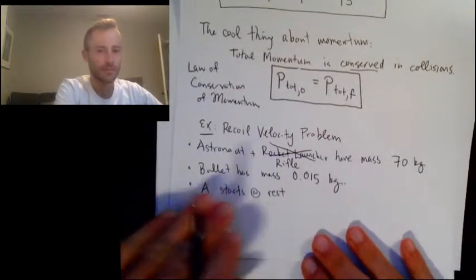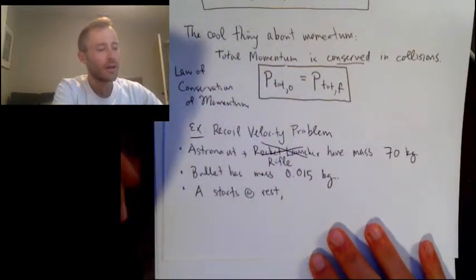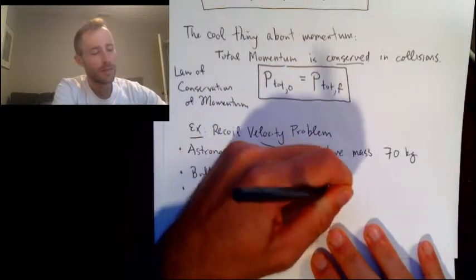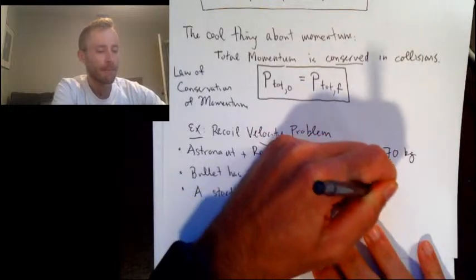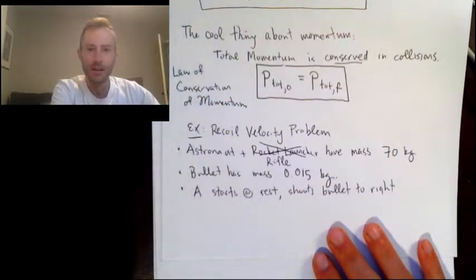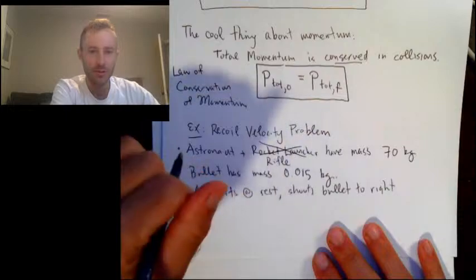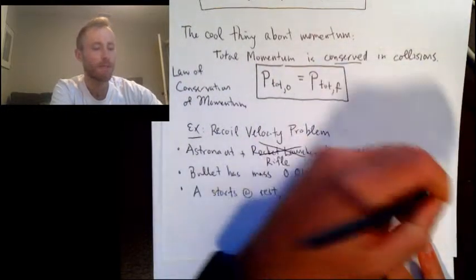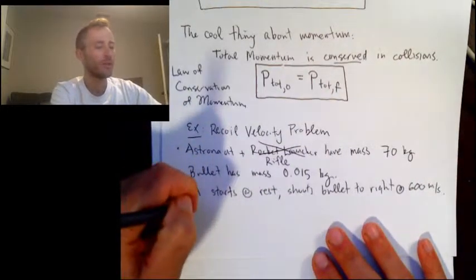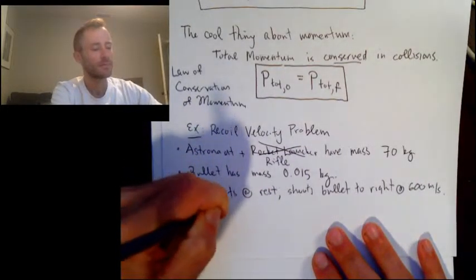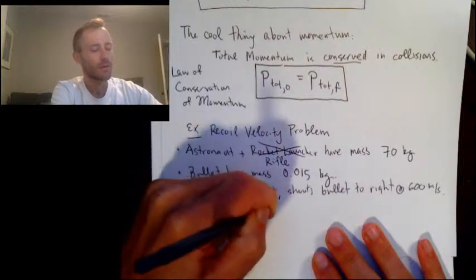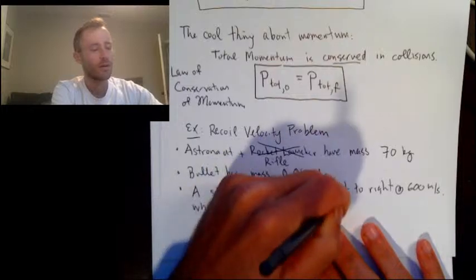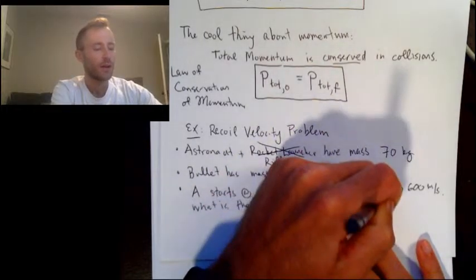And shoots the bullet to the right. And we'll say the muzzle velocity of this bullet is 600 meters per second. Okay? What is the recoil velocity of the astronaut?